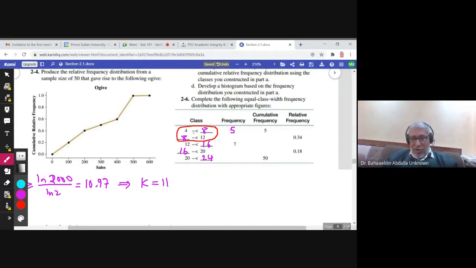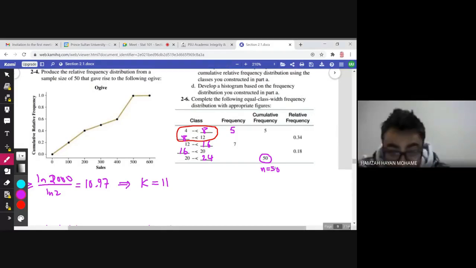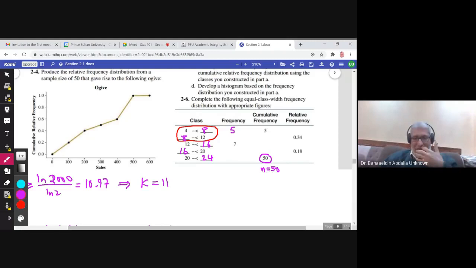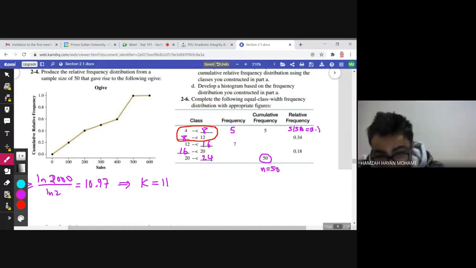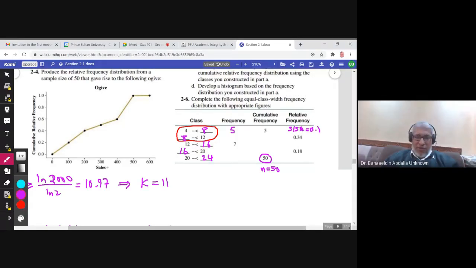Can we find the total number of observations from the table? Yeah, the last number in the cumulative frequency should be, as we said, n, the total number of observations. So if you divide 5 by 50, you get 0.1, the relative frequency of the first class.